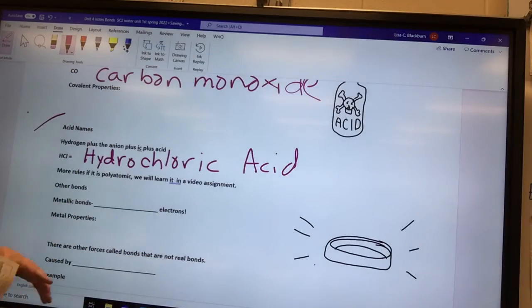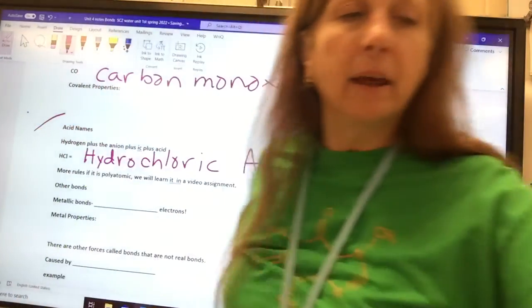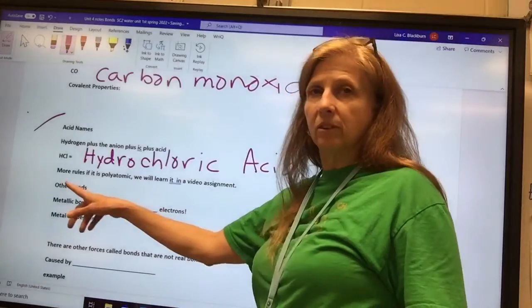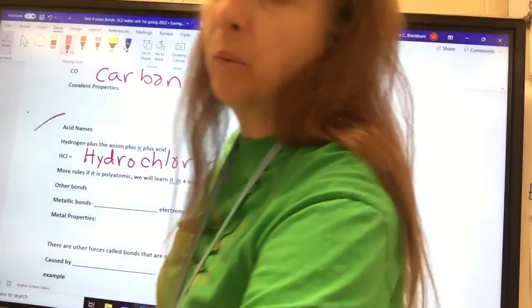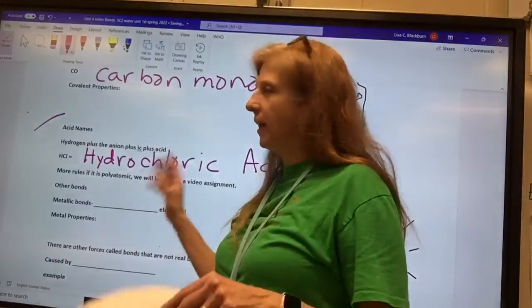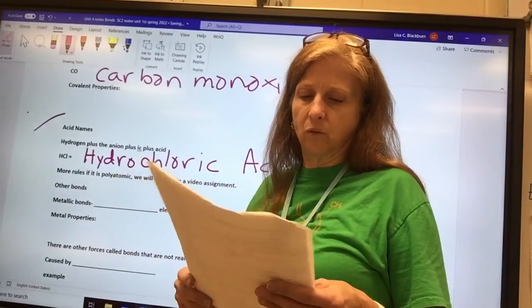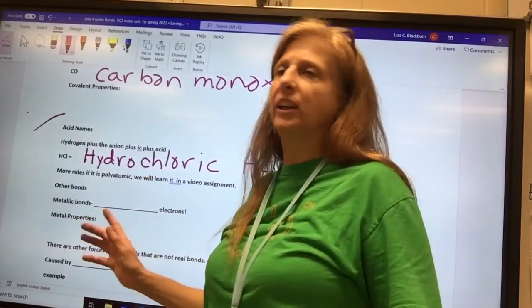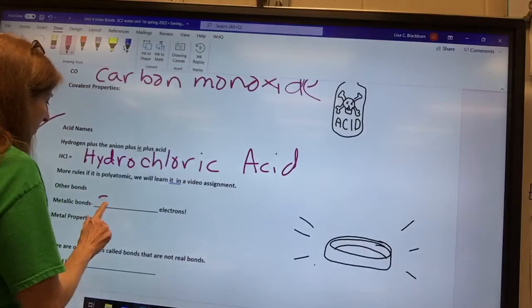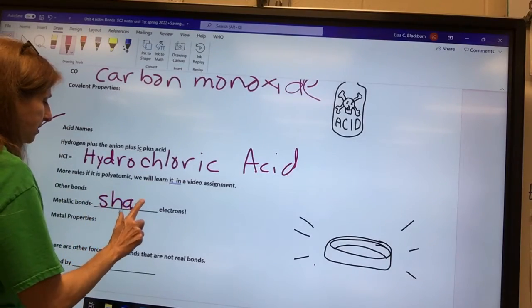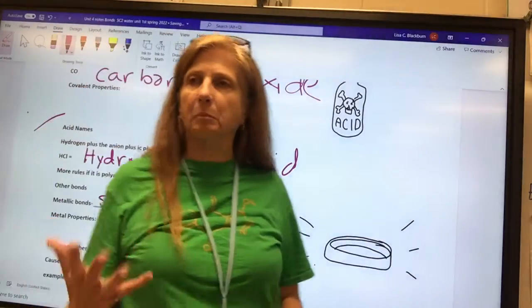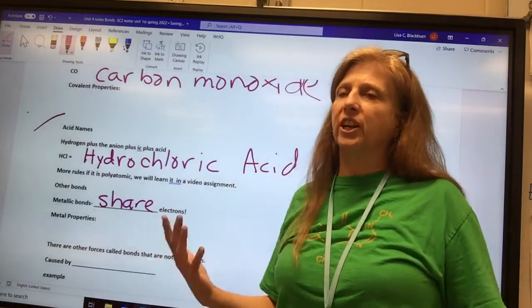Okay, other bonds. So we talked about that metals are hippies, and that when they bond to other metals, they just let their little electrons run wild and free, and they share the electrons. And remember, sharing electrons means that it's a bond. Covalent bonds are shared electrons.